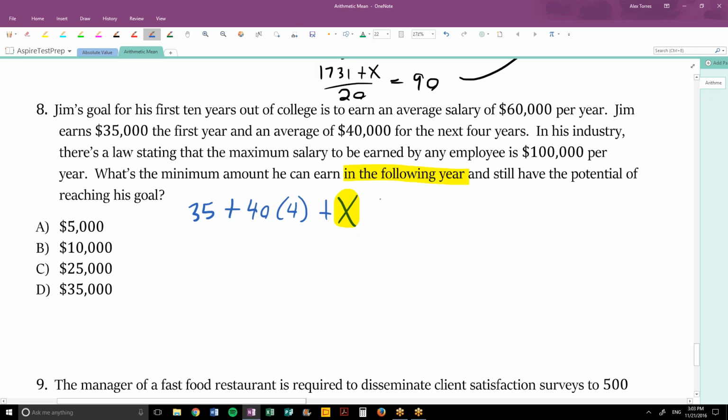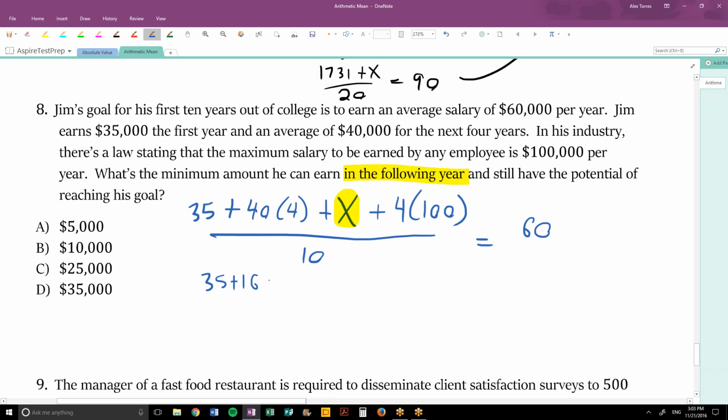But we need a total of 10 in the situation, so we're going to go ahead and imagine 4 more years with perfect salaries of 100. Get the average of those 10 years, and that should be equal to Jim's goal of 60. So now just combining like terms and doing the math, 35 plus 160 plus X plus 400 all over 10 equals 60.